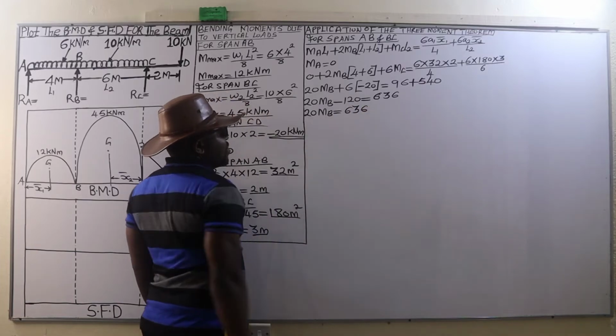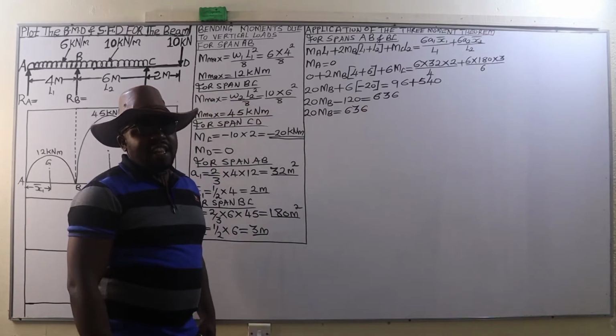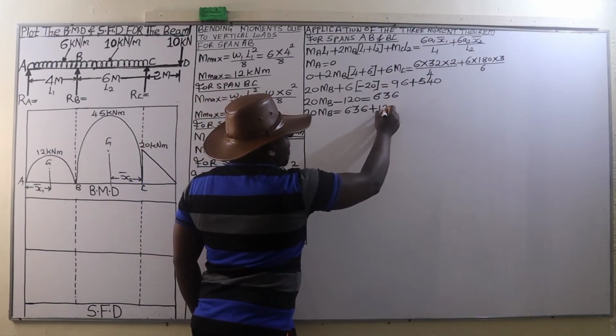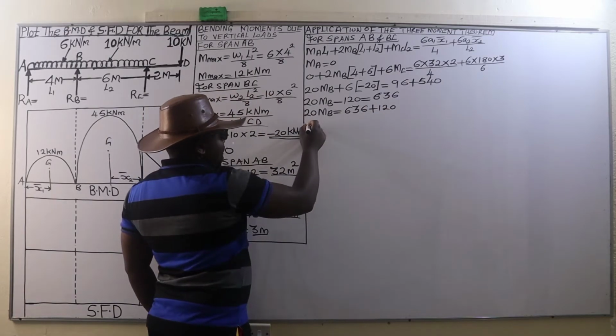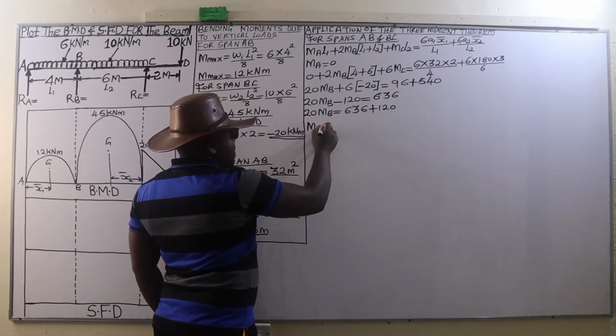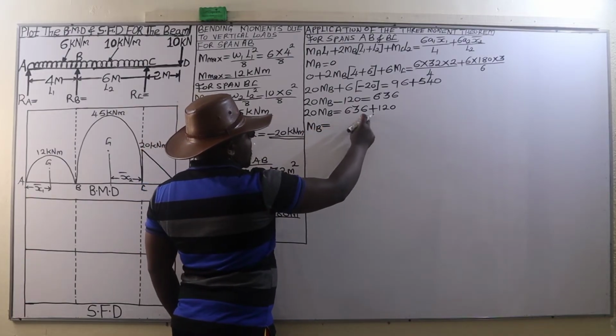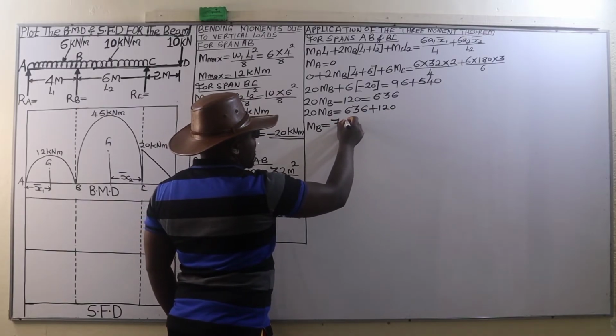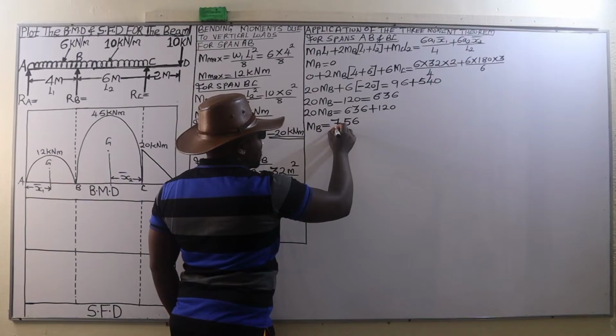We take negative 120 to the other side of the equal sign, that is going to be plus 120. So we got MB being equal to 636 plus 120, that is going to be 756.